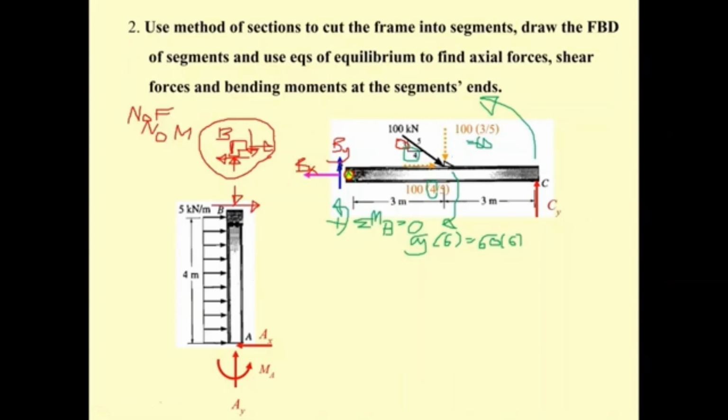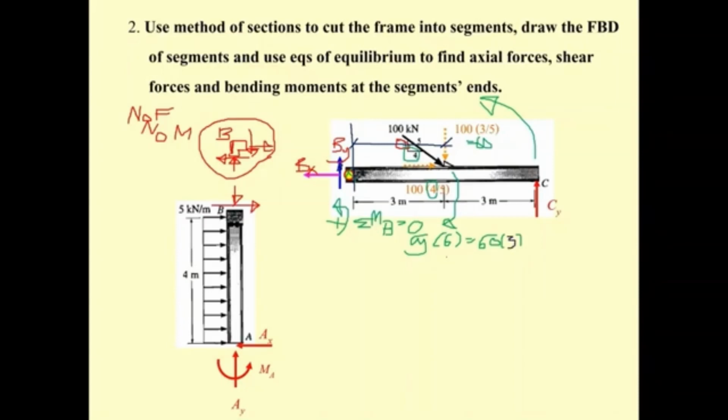This is going to times 3, not 6, because the distance between the force and the B is going to be here. That is going to be 3.